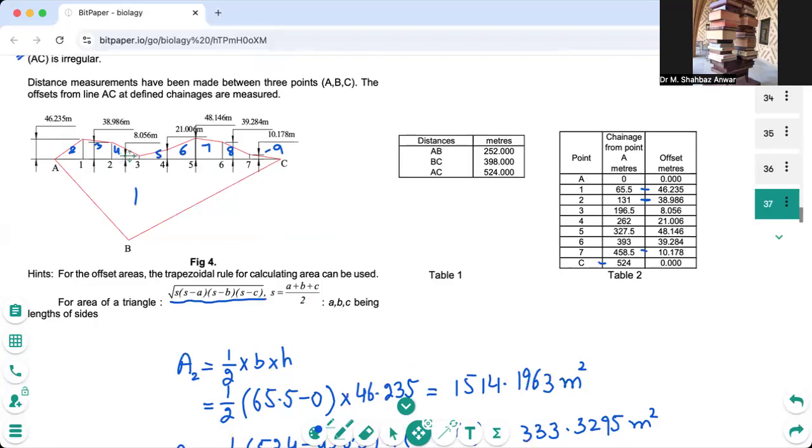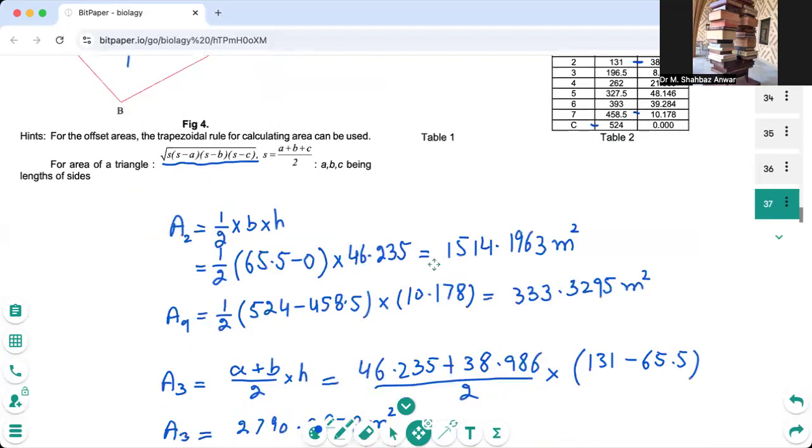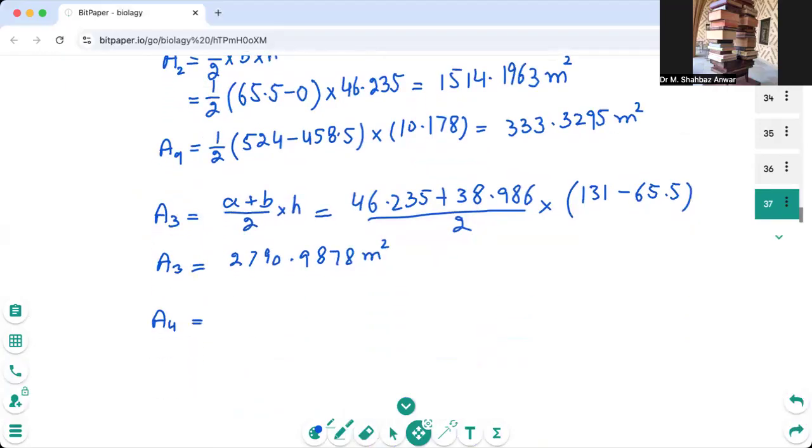Then divide by 2, meaning the average height of point 2 and point 3, and multiply it by the distance between 3 and 2, meaning 195.5 minus 131. So that will be our area 4. Let's calculate this as well.